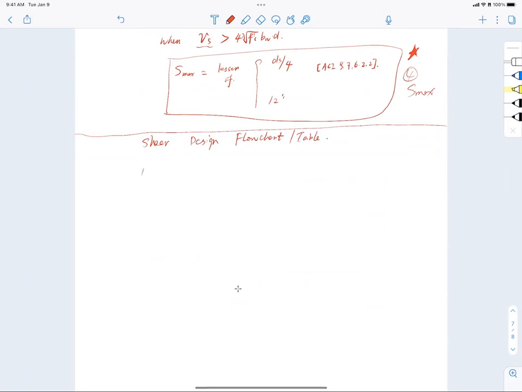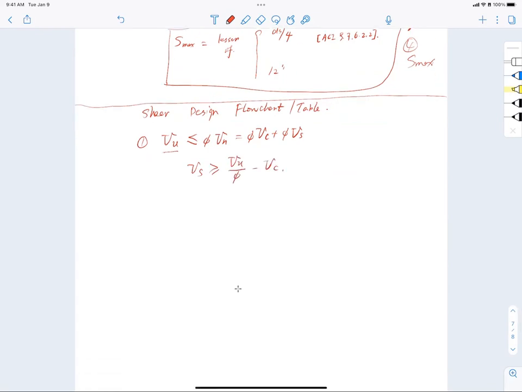First, you calculate the applied shear force Vu. You have to ensure that this number is smaller than or equal to phi Vn, which is equal to phi Vc plus phi Vs. So Vs has to be greater than or equal to Vu over phi minus Vc.